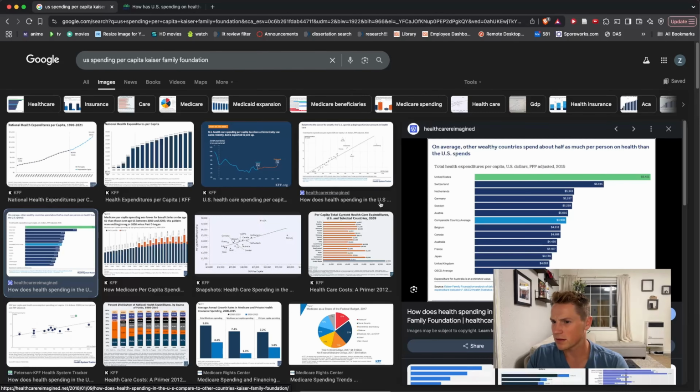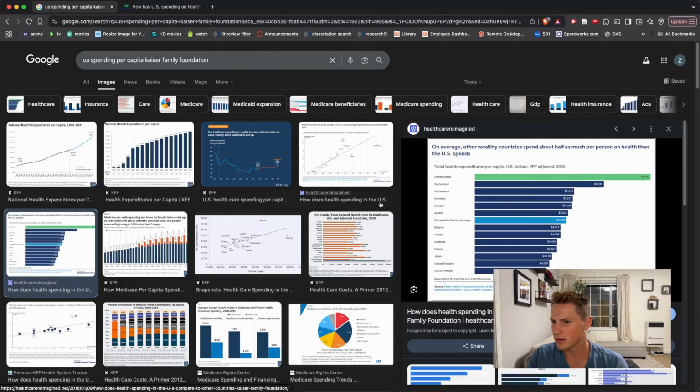So every time that you see a straight line like this, that's called a regression line. That line tells you the average of all the other countries. So on the x-axis here, we have GDP per capita, and on the y-axis, it looks like we have the healthcare spending. So you can see the United States GDP per capita is 82,697, and the health spending per capita is 13,432.